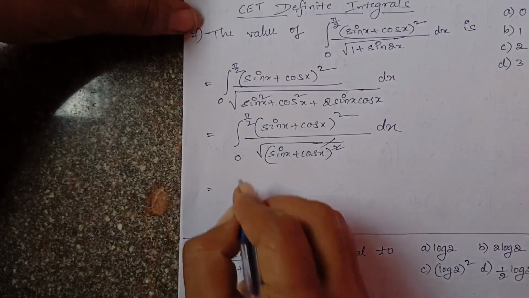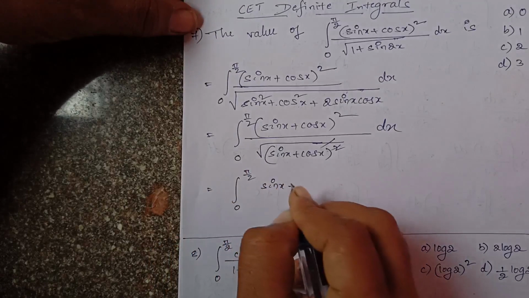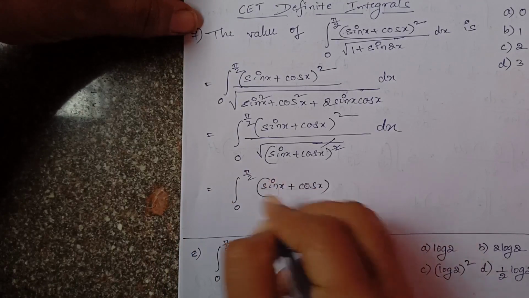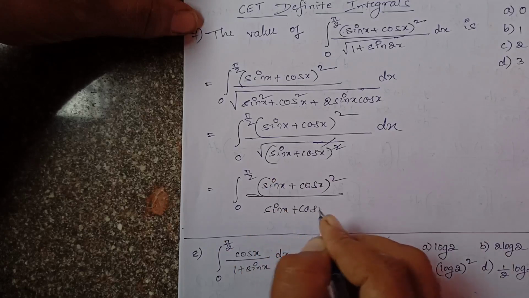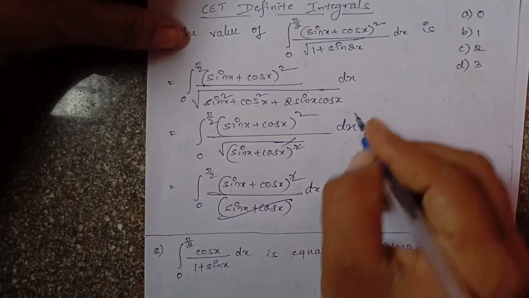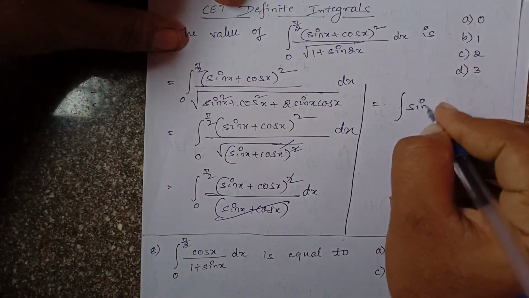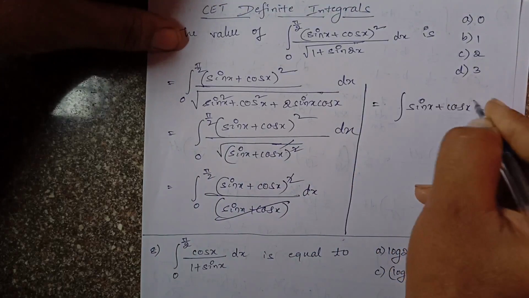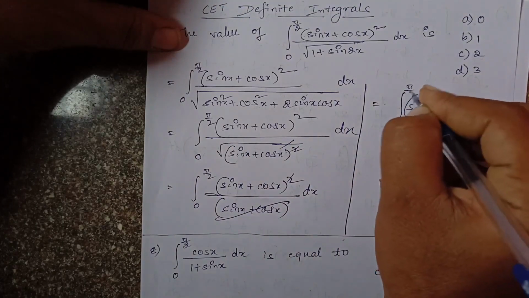Integration from 0 to pi by 2 of sin x plus cos x whole square, denominator is sin x plus cos x. One time sin x plus cos x gets cancelled out. I am left with integration of sin x plus cos x with respect to x from 0 to pi by 2.